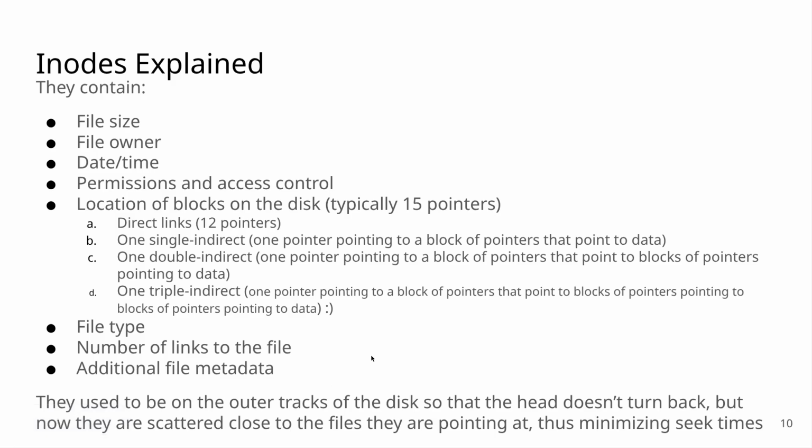Now, we also mentioned here that back when the original Unix file systems were being used in big servers with actual hard disks, it used to be quite an art to tune the file system and format the disk in a way that the outer tracks of the disk contain the inode information, the inode tables, and then once the head starts to go towards the center of the disk, it doesn't have to turn back directly.